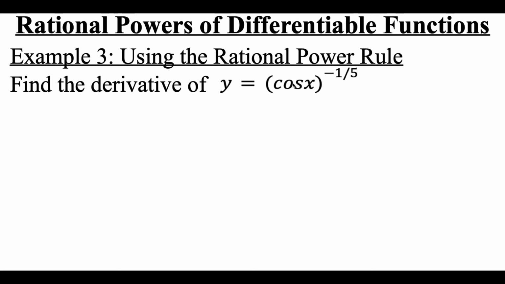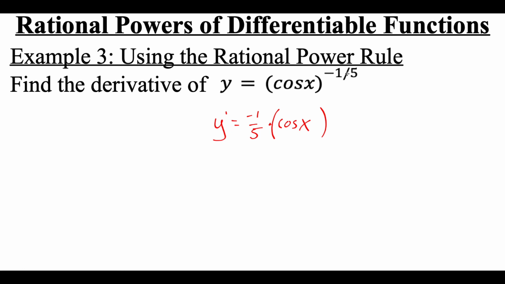Because of that, when we do this derivative, we are going to have to use the chain rule. If we start differentiating, we deal with the power on the outside first. So we drop that negative 1/5 down as a multiplier. We leave the thing on the inside the same, so I'm leaving the cosine of x alone for now.